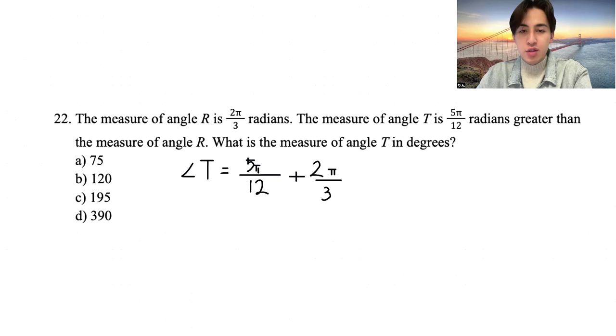So we just have to simply find out what this is. What we want to do first is find a common denominator. Well, 12 and 3, we just want to make this 2 pi over 3 have a denominator of 12. So we keep this side the same, 5 pi over 12.